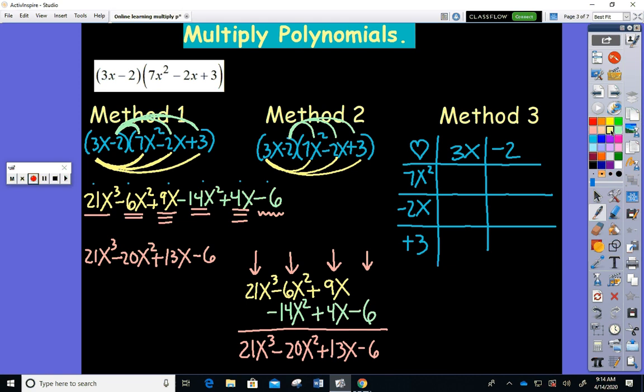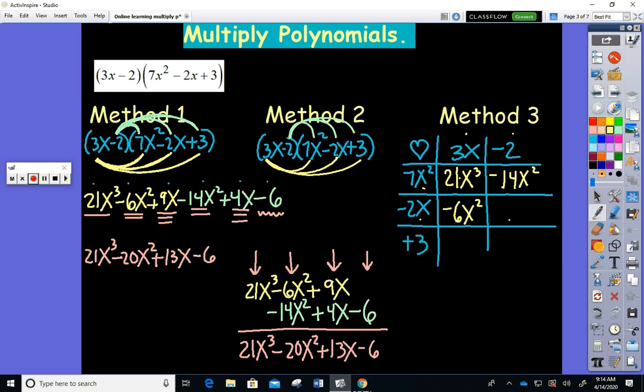Now guys, in this box I need to use 7x squared times 3x, which is 21x cubed. In this box I need the 7 and the negative 2. So that's negative 14x squared. In this box, I need negative 2x from the left, positive 3x from the top. That's negative 6x squared.